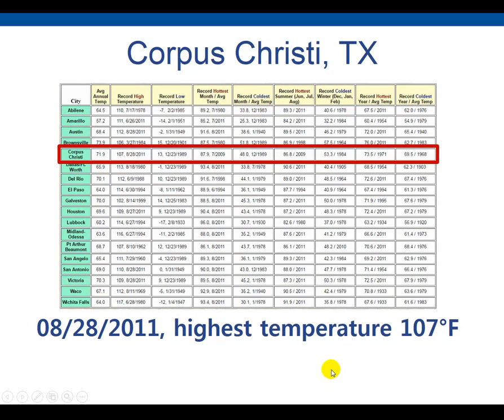And let's look at Corpus Christi. In Corpus Christi, on August 28th, 2011, the highest temperature was recorded as 107 Fahrenheit.